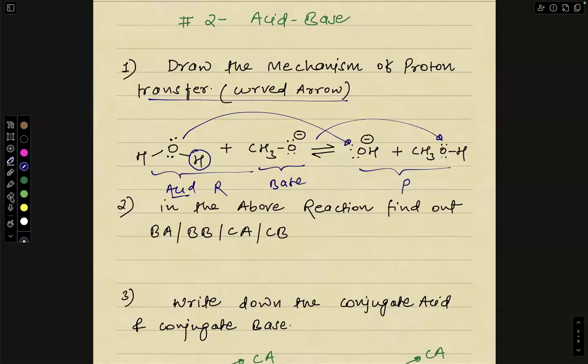Now look at the arrow pushing. So finally, it is very clear. This CH3O minus is my base, water is my acid, and you know that a base grabs a proton. So the arrow should start from the lone pair of the oxygen to the acid's proton, this one. And this oxygen-hydrogen bond is going to break like that.